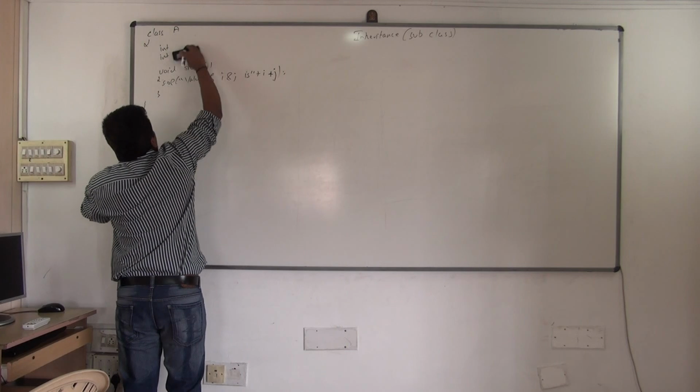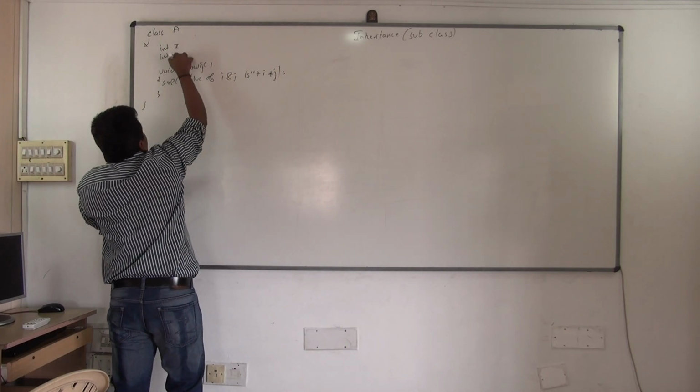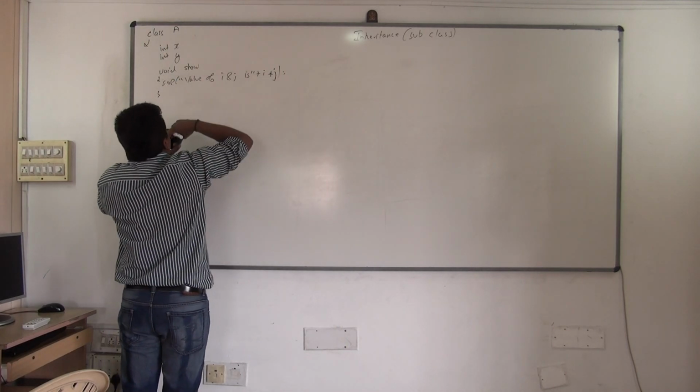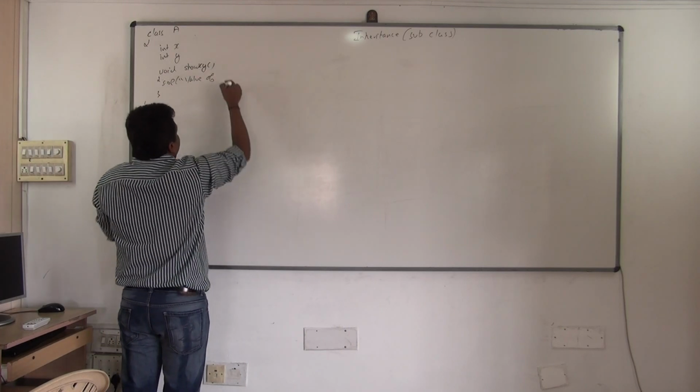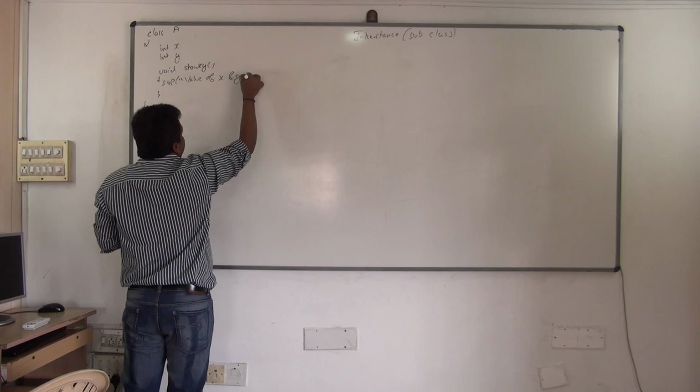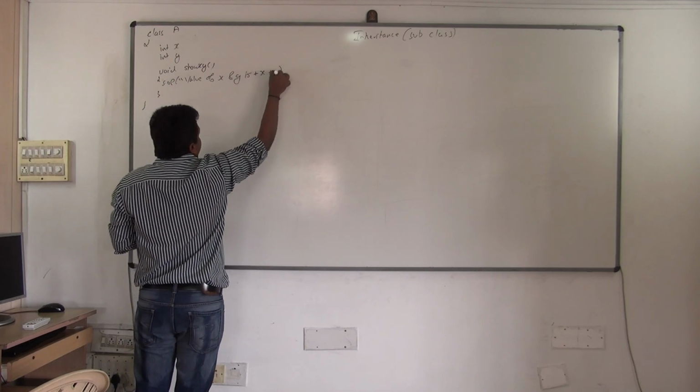I'll take x y, it will be easy for us to identify. show xy is the method. Value of x and y is plus x plus y.